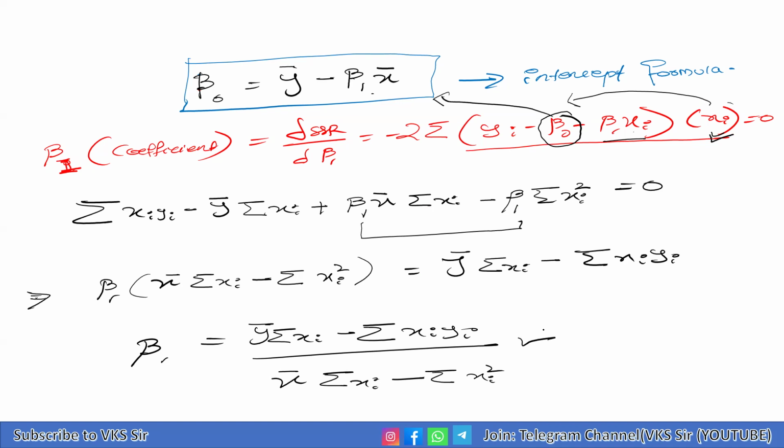So let's introduce n, the number of data points, right? If we introduce n, now we have to multiply n into both sides, the numerator and the denominator.